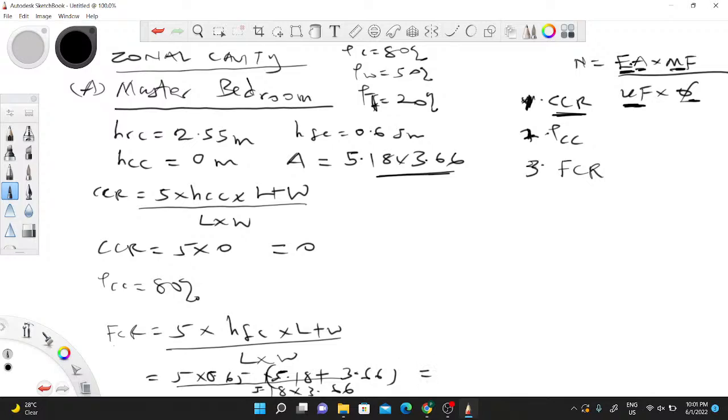Let me do it on my calculator: 5 times 0.65 times open brackets 5.18 plus 3.66 over 5.18 times 3.66.